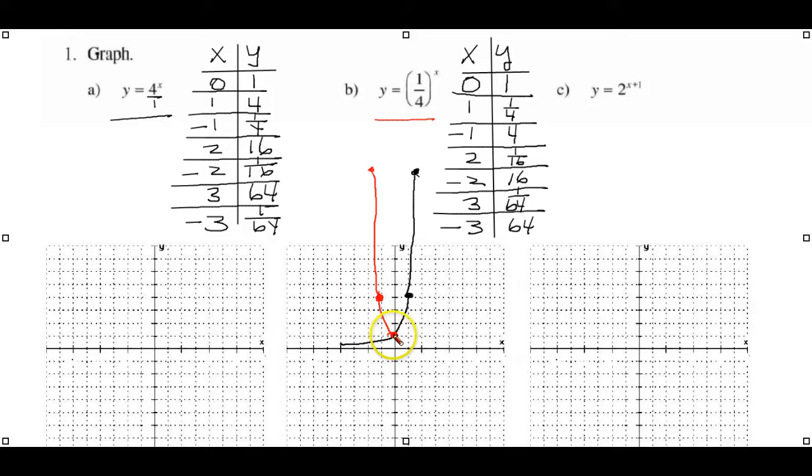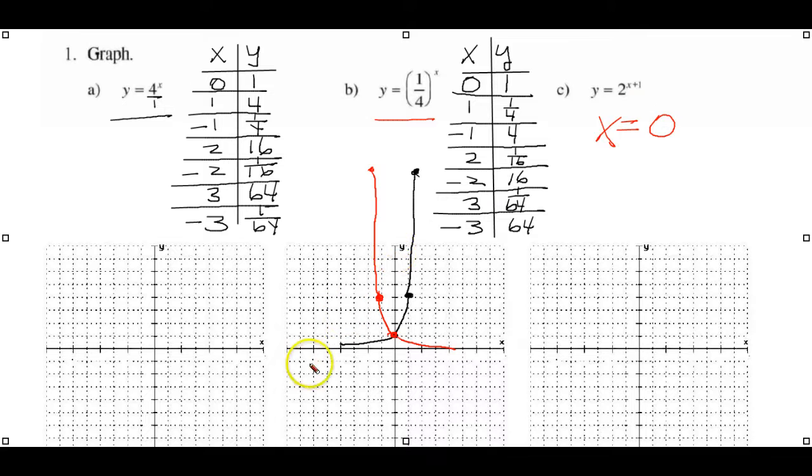And when we get these values over here, you'll see they reflect. So these are mirror images of them. And we do have an axis of symmetry, which is the y-axis. But what is the equation of the y-axis? And the answer is x equals 0.